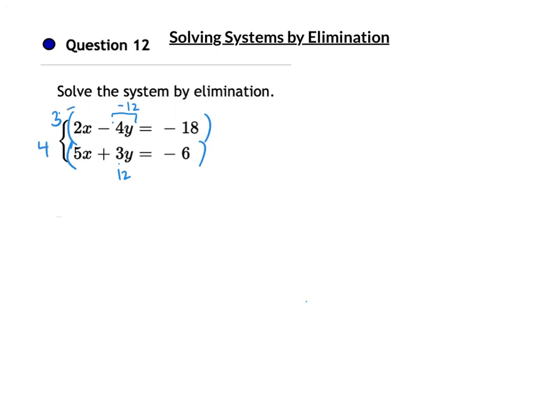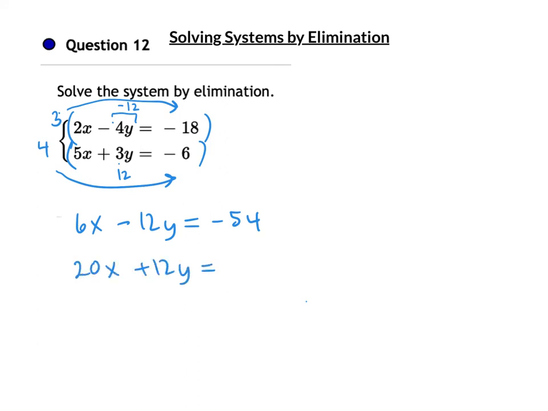So the top equation, I multiply everything by 3. The bottom equation, everything by 4. The top equation becomes 6x minus 12y equals negative 54. The bottom equation multiplied by 4 becomes 20x plus 12y equals negative 24.